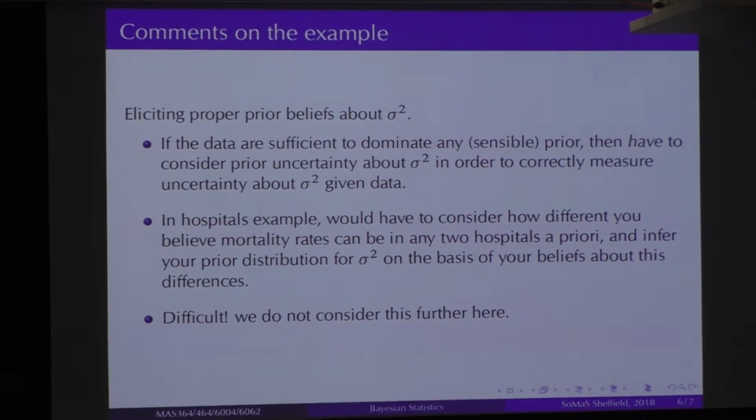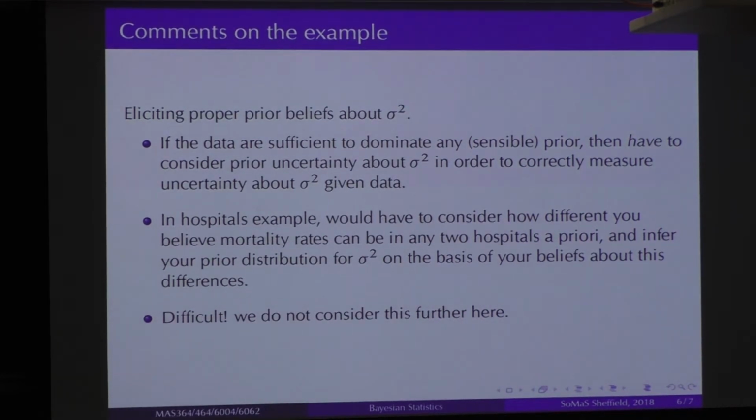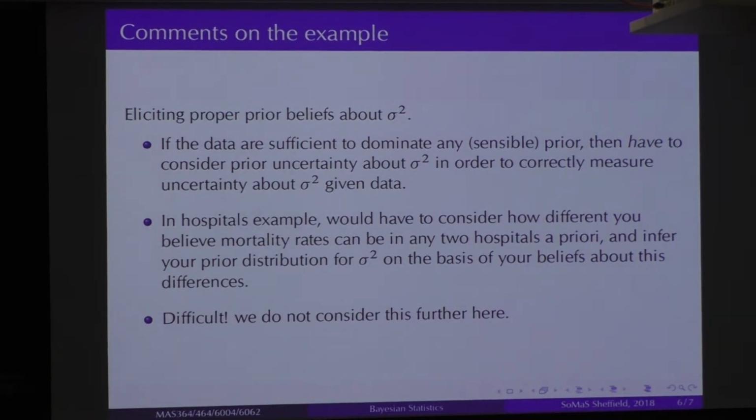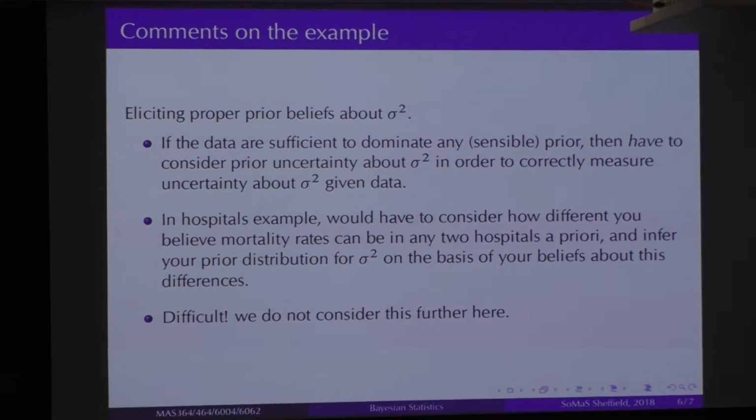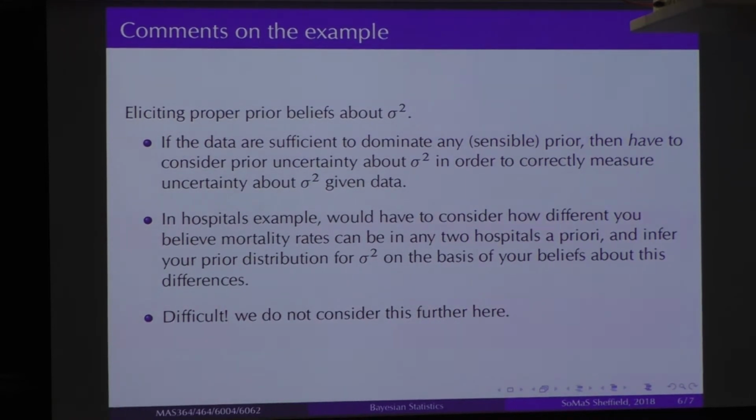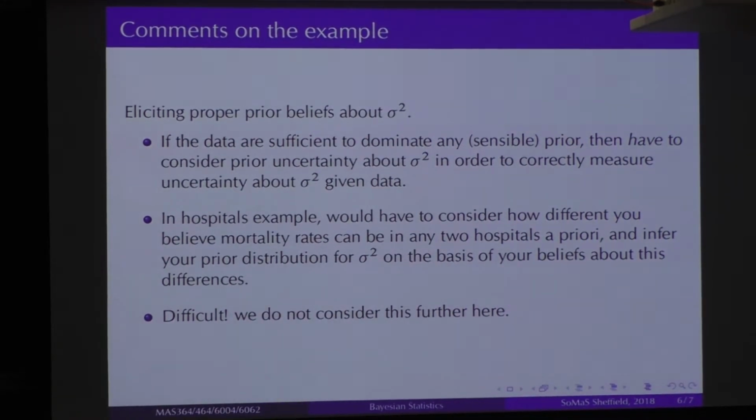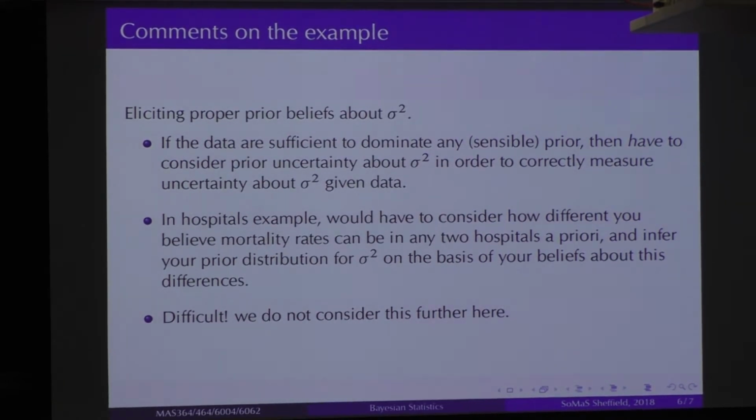So what we want to do is to have a prior that is sensible, that doesn't shrink parameters to where we don't want to, but it's also wide enough to not dominate the information in the likelihood. Okay? And this is a very big problem, and it's a problem that you will face if you do applied work in Bayesian statistics all the time, and it's not easy to deal with.